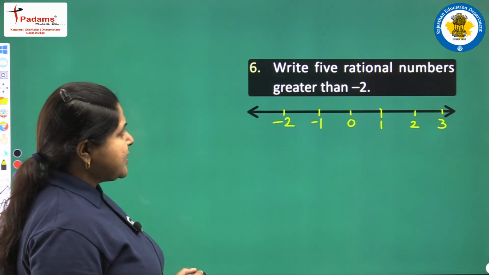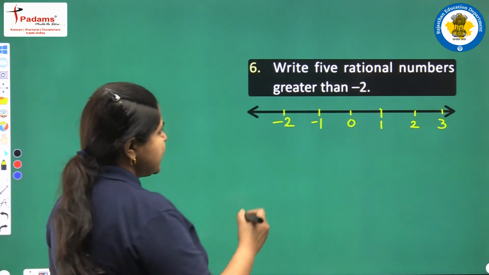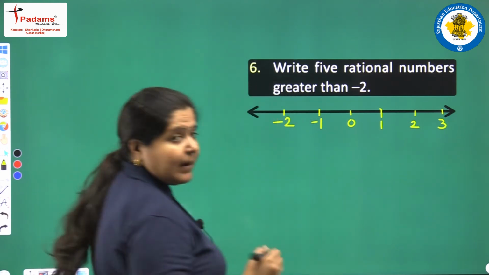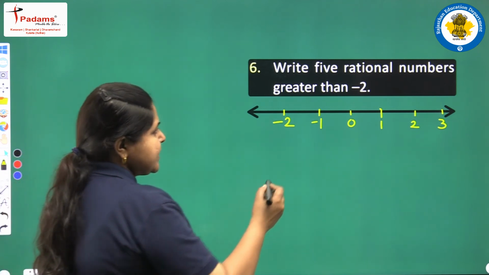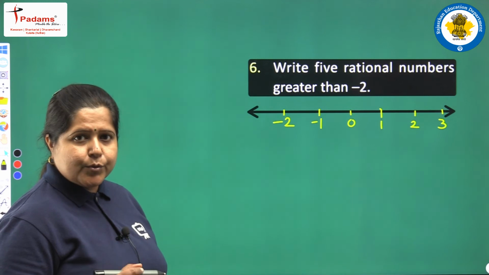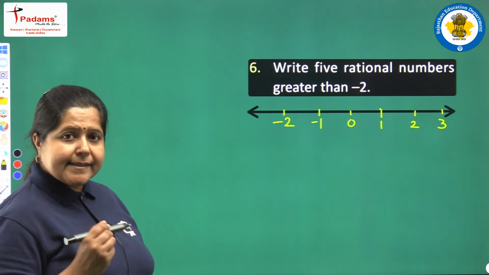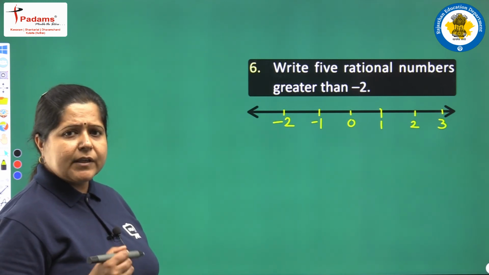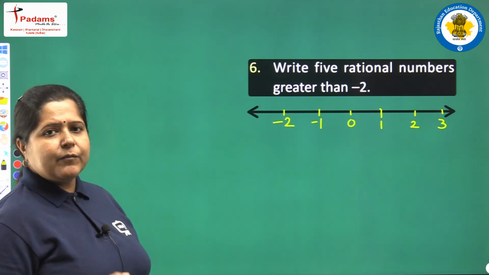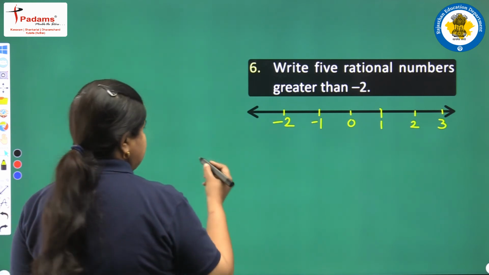So, 5 rational numbers greater than minus 2. Obviously, these 5 are greater than minus 2. But we can still have one more set of numbers. In fact, not one more, many more sets of numbers. We are taking up one more set of numbers.